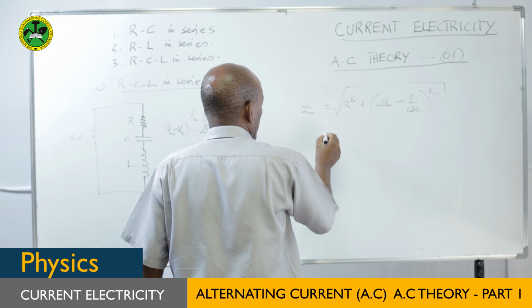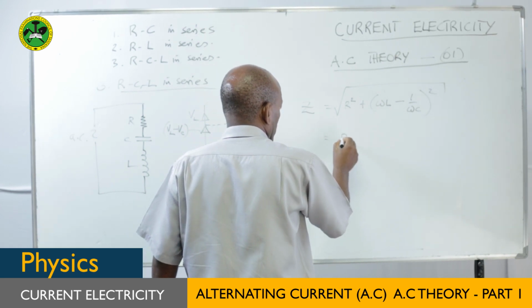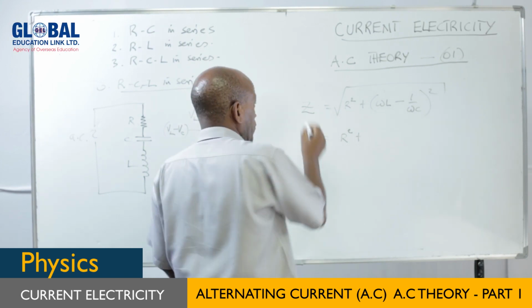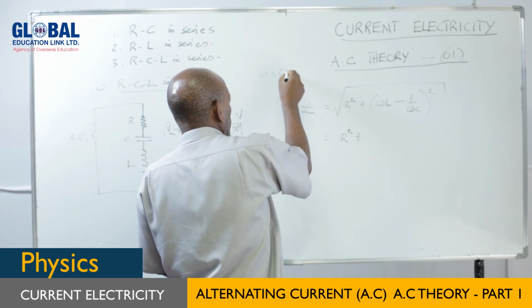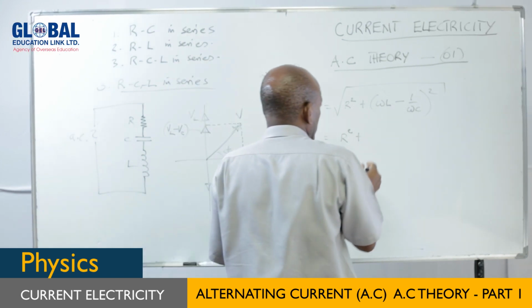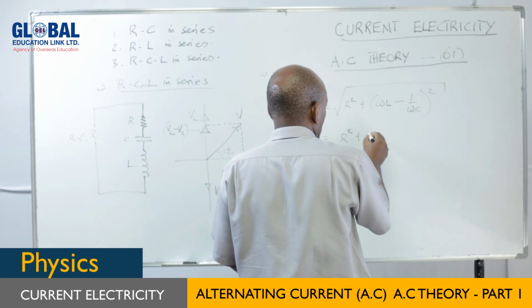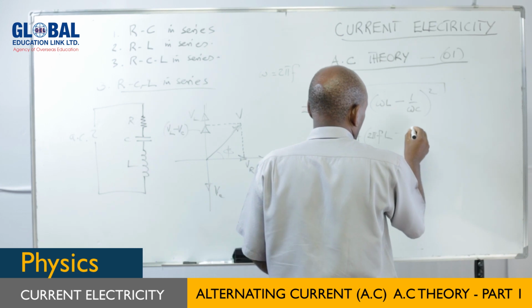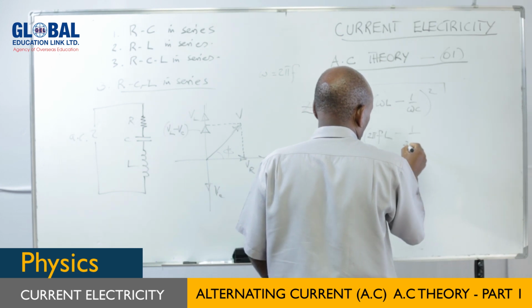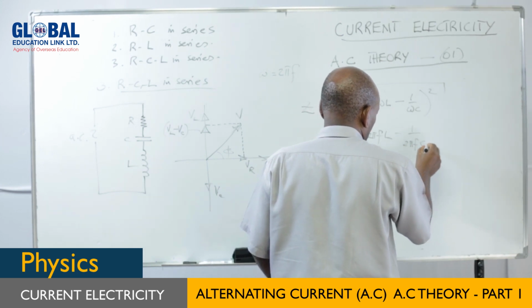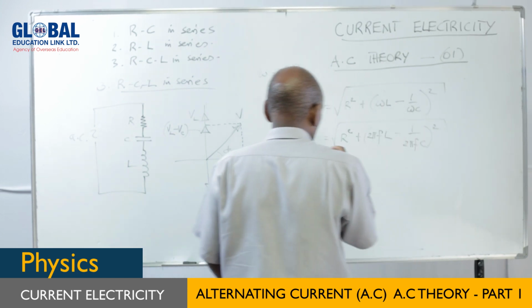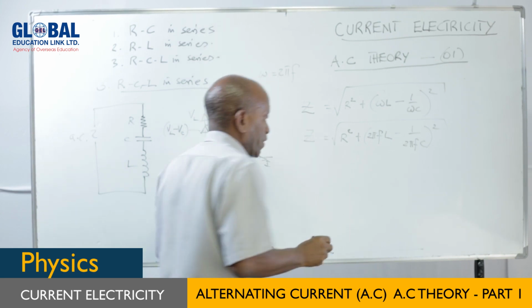Or simply, if omega is equal to 2 pi f, then we have the square root of R squared plus 2 pi f L minus 1 over 2 pi f C, the whole of this squared. This will give us the impedance.